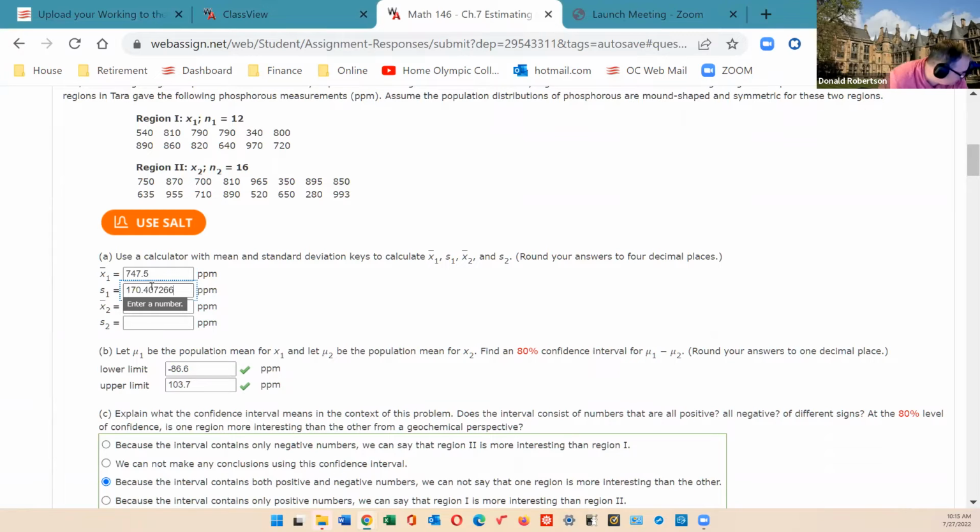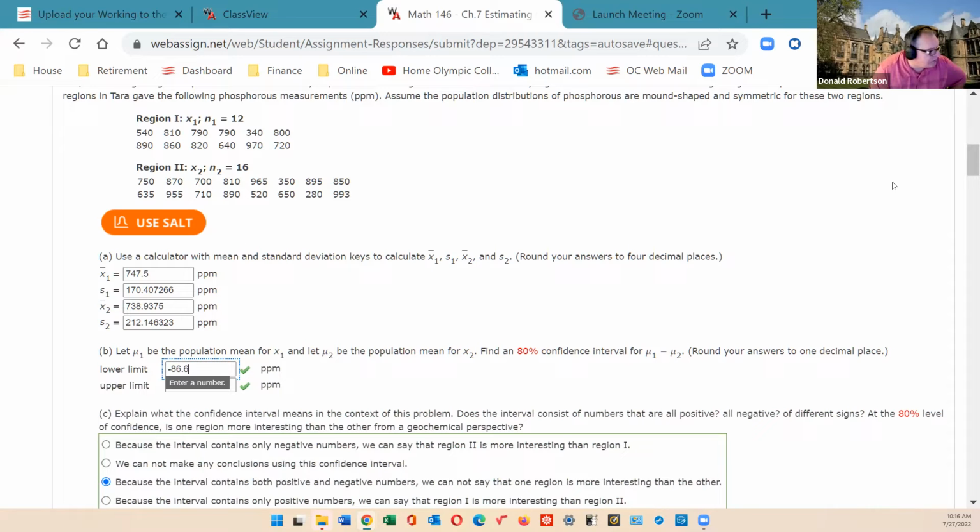And then you do the mean of the other group, and then the standard deviation. I've already got those two in, and I've checked them. So I knew I was correct.